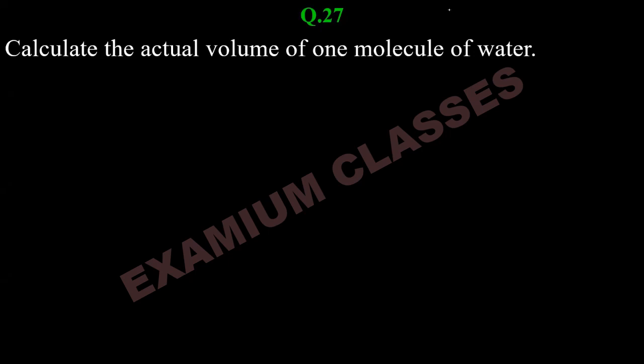So you will say that 1 mole of water will be equal to 18 gram, and 18 gram will be 18 milliliters, because water's density is 1 gram per ml.